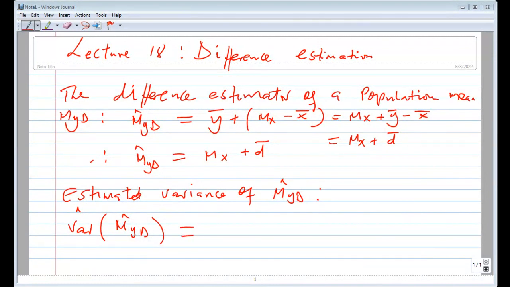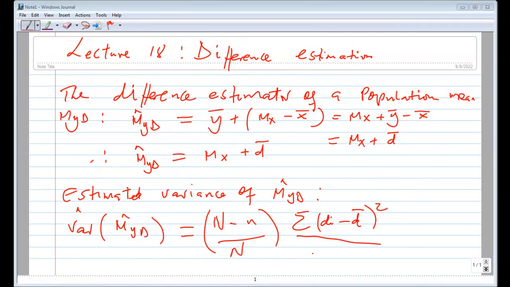Which is equivalent to what? N minus n over N, close the brackets, multiplied by the summation of di minus d bar, squared, all divided by n, open brackets, n minus 1.